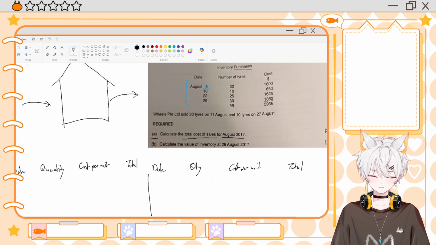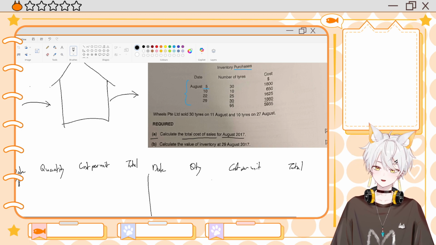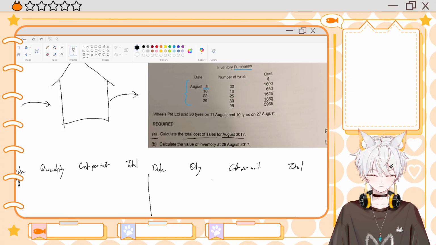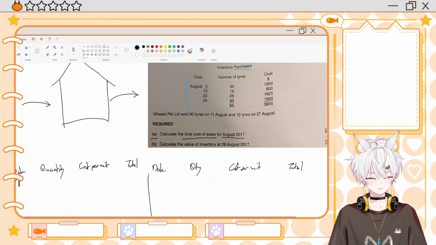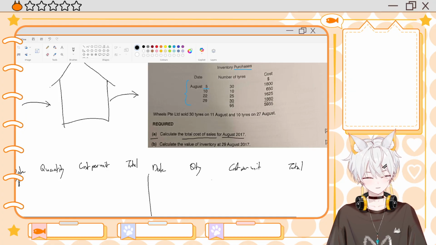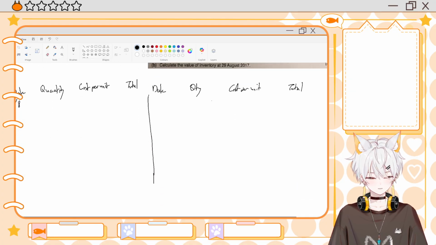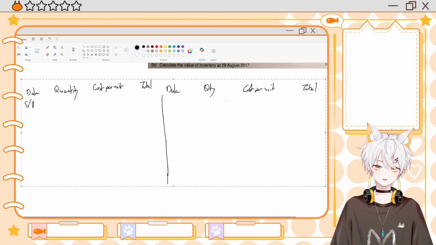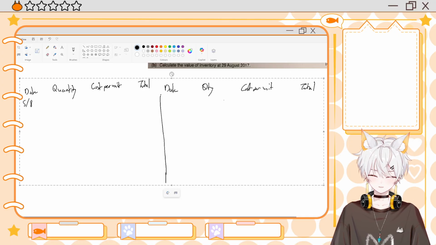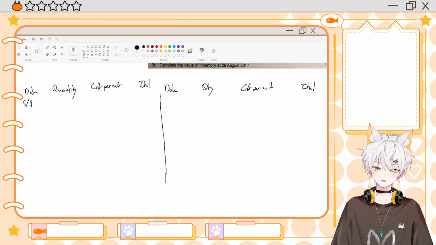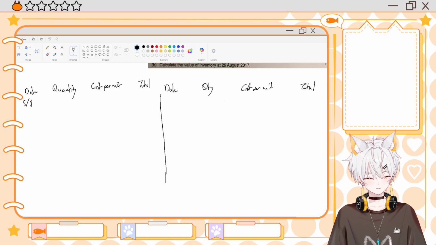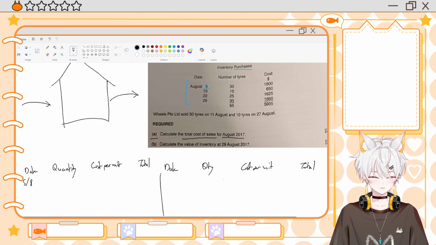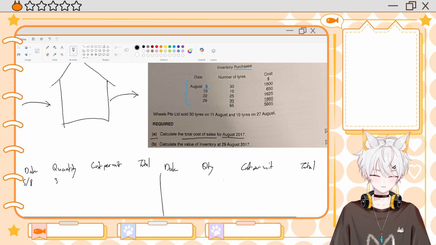So on 5th August, you just write 5th August. Then quantity would be 30, which is what you bought.